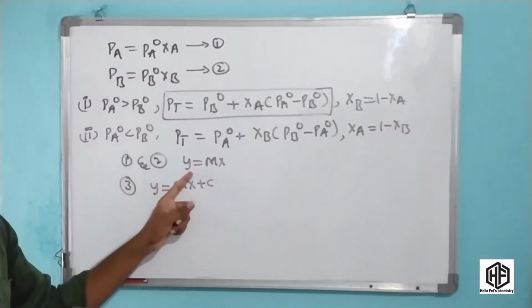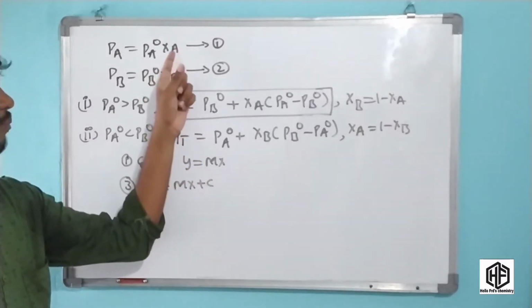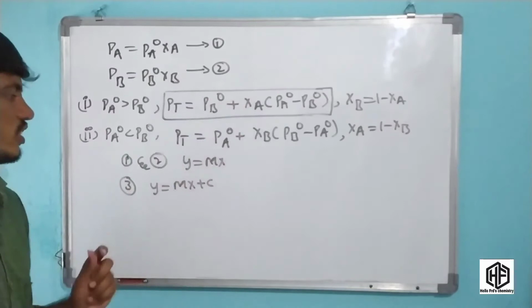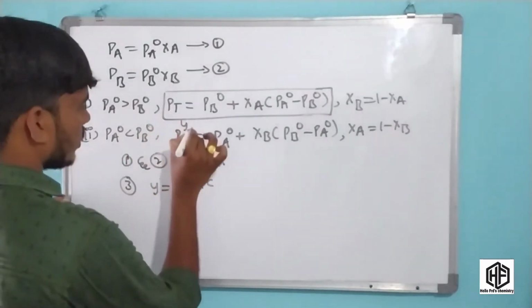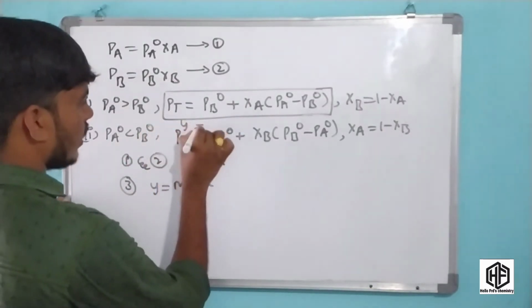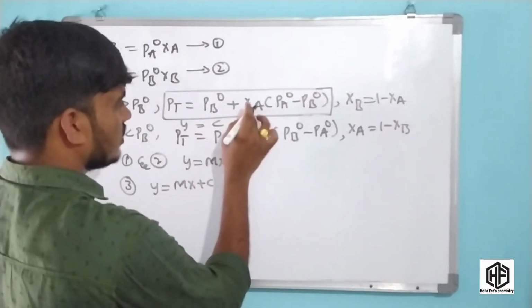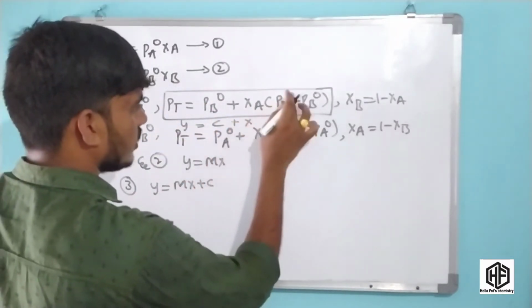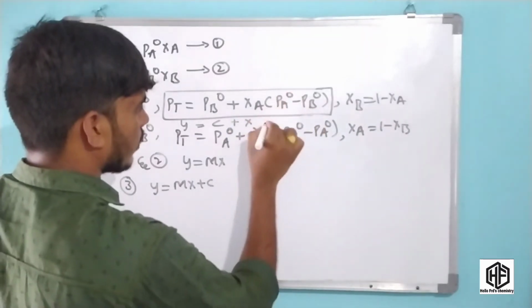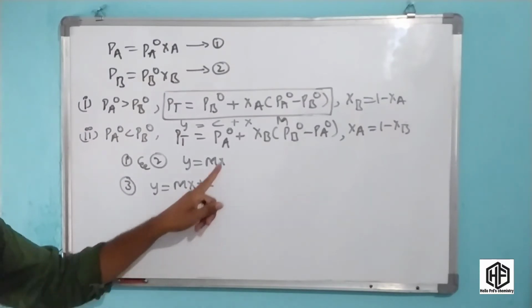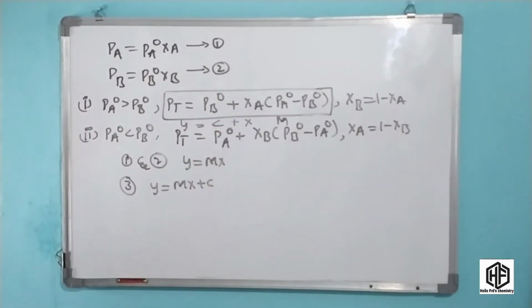Now, this PT, the total pressure, is the y axis, and this PB naught is the y intercept value c, and this zeta A is the x axis. This term is the m. Okay, friends, y is equal to mx plus c is compared to this equation.